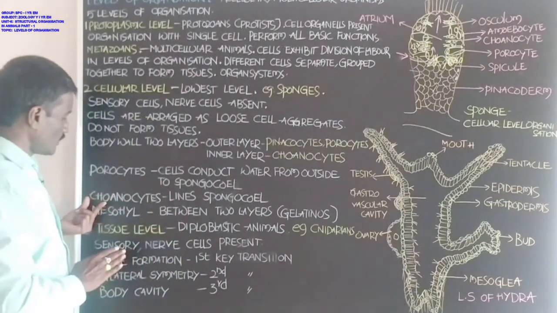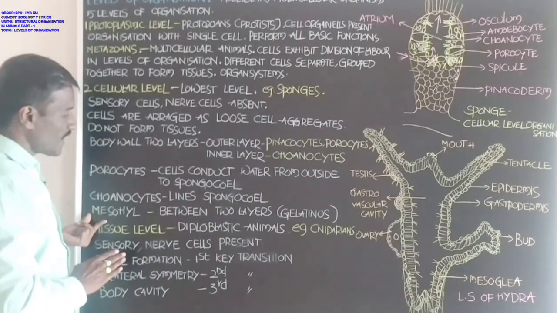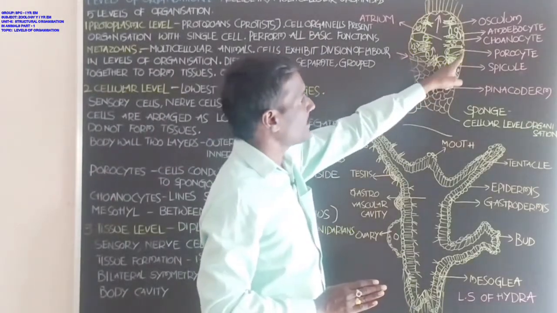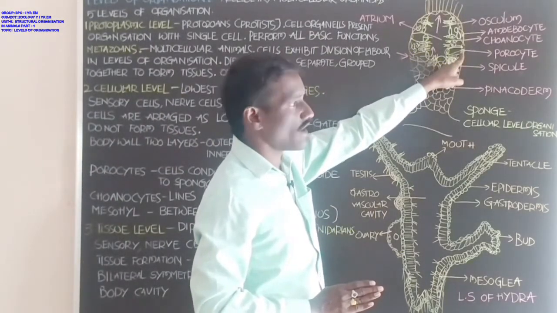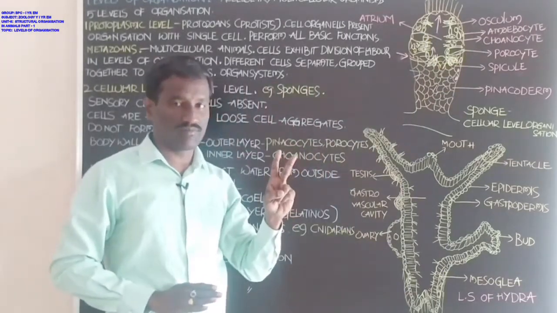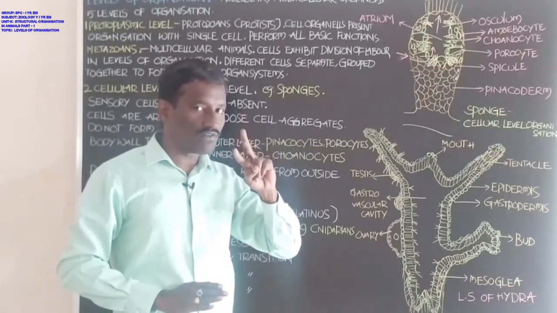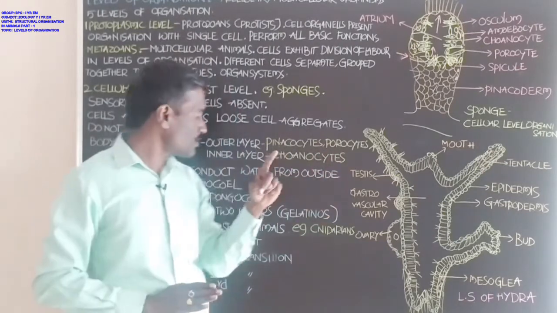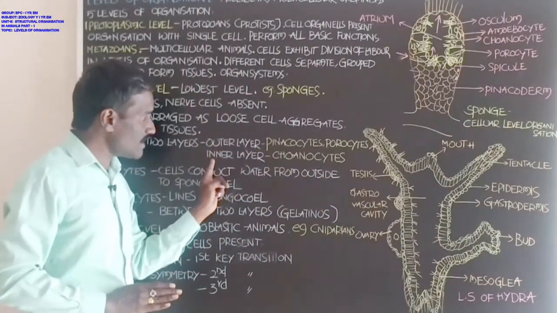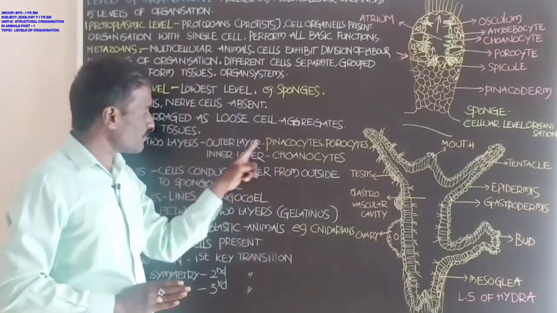Next, students, mesohyl. Mesohyl is between the pinacoderm and the choanoderm. The body wall has two layers, the outer layer with pinacocytes and the inner layer with coenocytes.